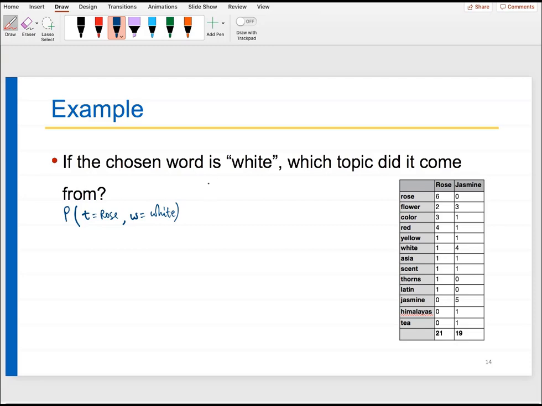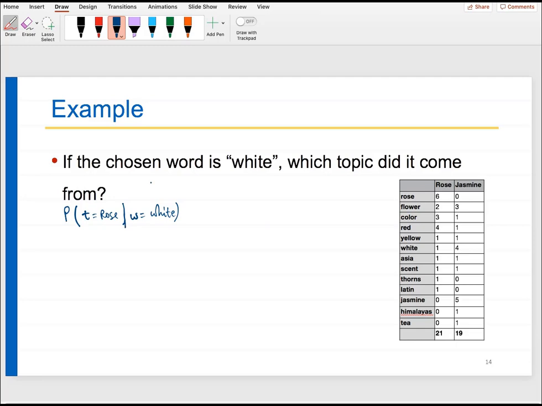Is this correct? Is this correct? Given, yes, because W is given to be white and T can have any value.